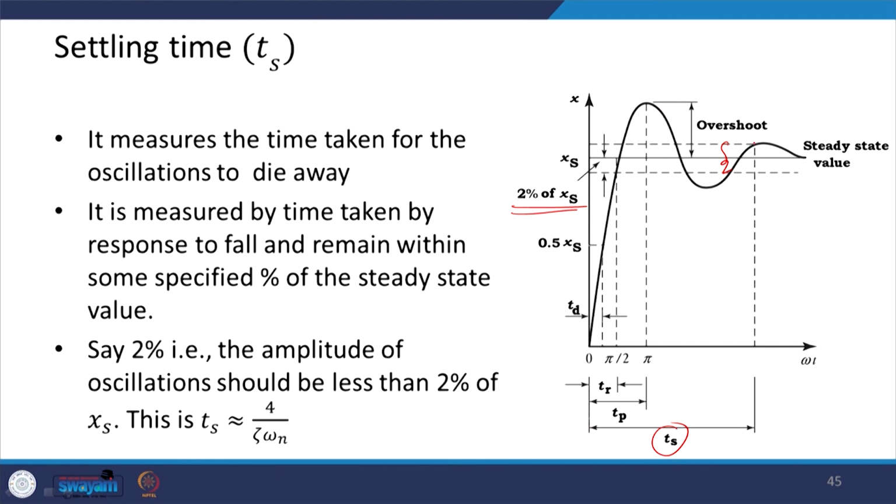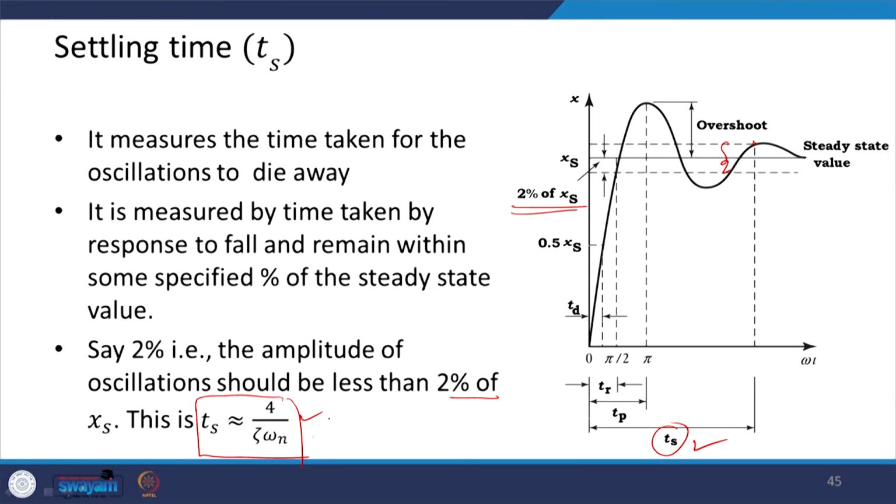Wherever this has been achieved, that time is called the settling time, and it is measured by the time taken by the response to fall and remain within some specified percentage of the steady state value. For the 2% band, this value can be worked out as 4 by zeta omega n.